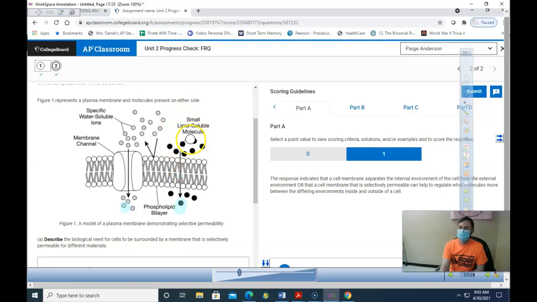There's more people in here trying to get out, trying to get in, so they're going to push their way through. Now these ones are both going from high to low concentration, so they are passive transport. So this one you would have to explain and say they do not require energy because they go from high to low concentration.